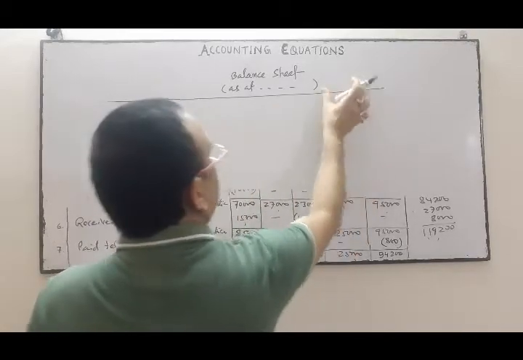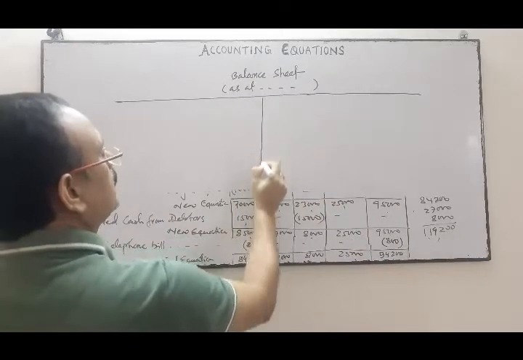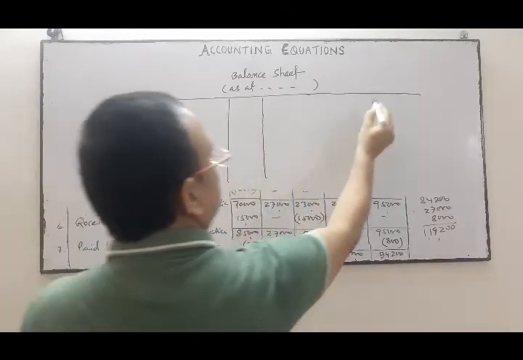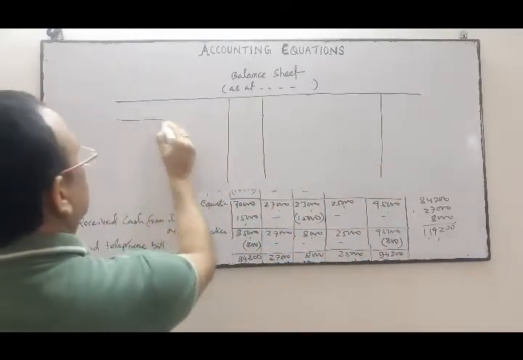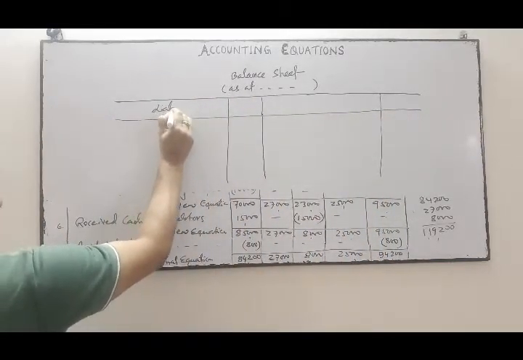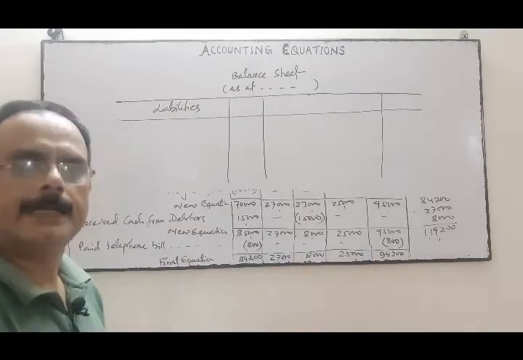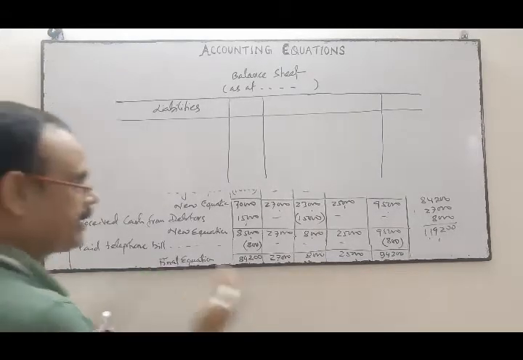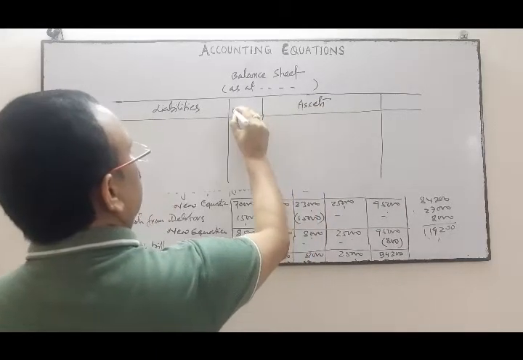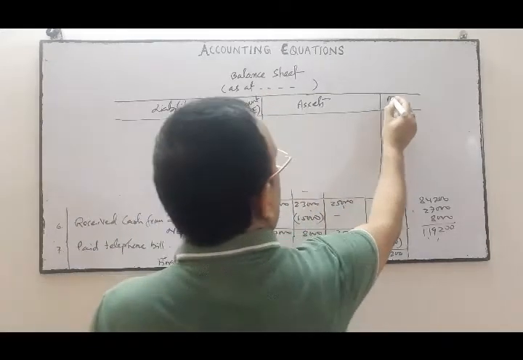The format of the balance sheet is very simple. One side we will write the liabilities, the other side we will write the assets. This side is your liability side. Liability means both external liability and internal liability, meaning capital and liability. And this side is your asset side. We write the figures in rupees, amount in rupees.